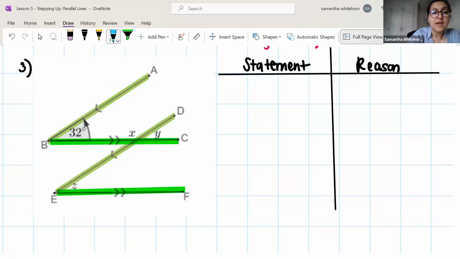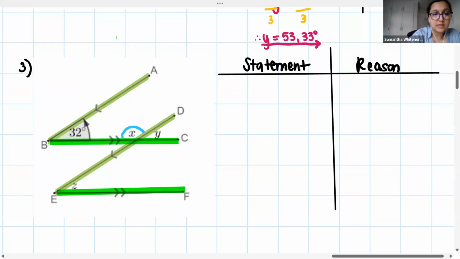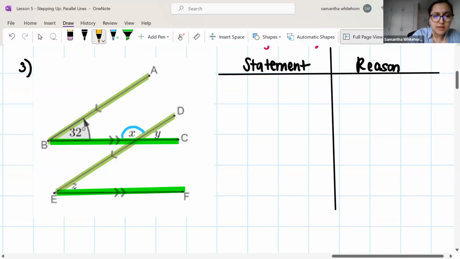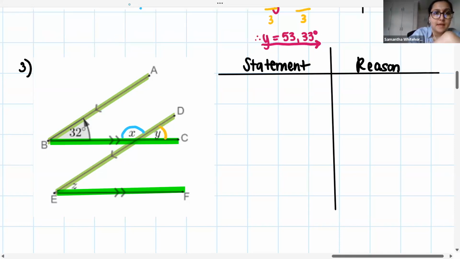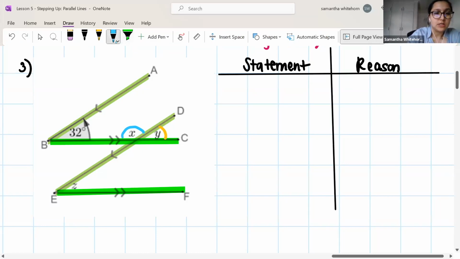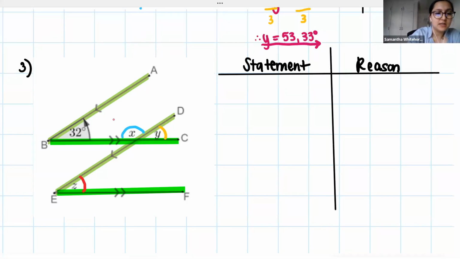And there are 3 angles you're needing to find. You need to find the size of X. You need to find the size of Y. And you need to find the size of Z. So there's 3 angles I want answers for with a reason, X, Y, and Z.